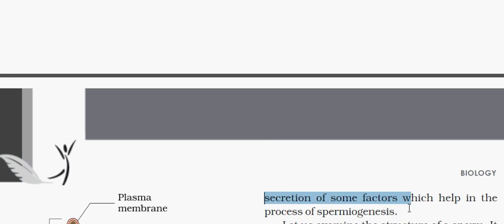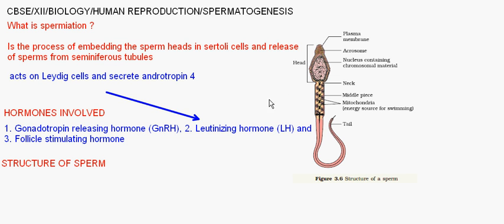It consists of head, neck, middle piece, and tail. So mainly 4 parts, as you can see in this image. The head consists of, the outermost layer is the plasma membrane. Then the nucleus, haploid nucleus, contains chromosomal material.